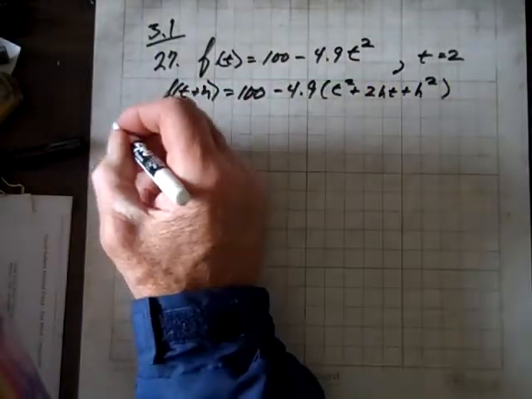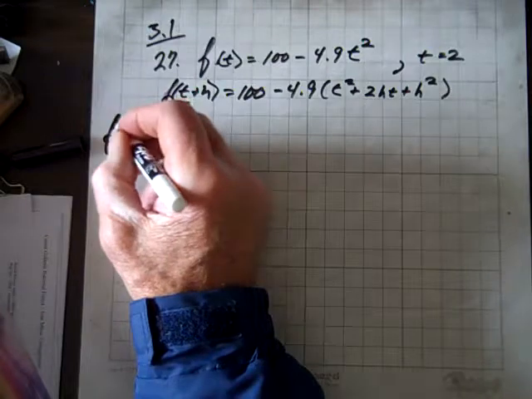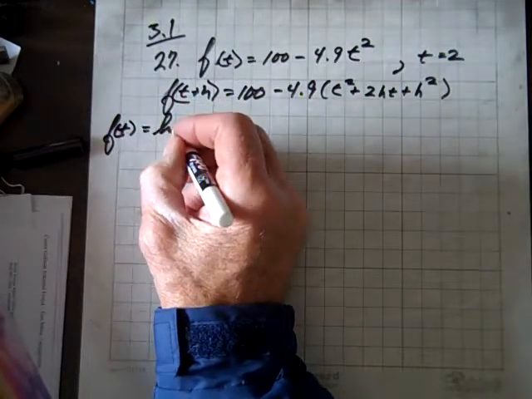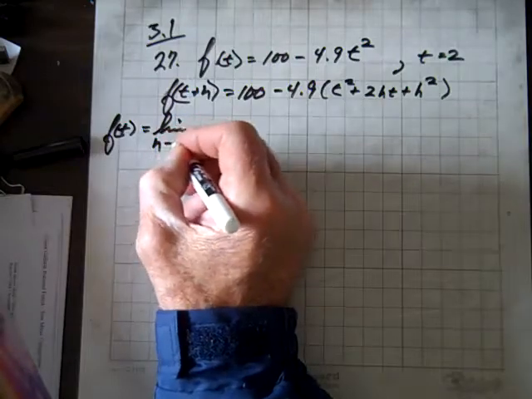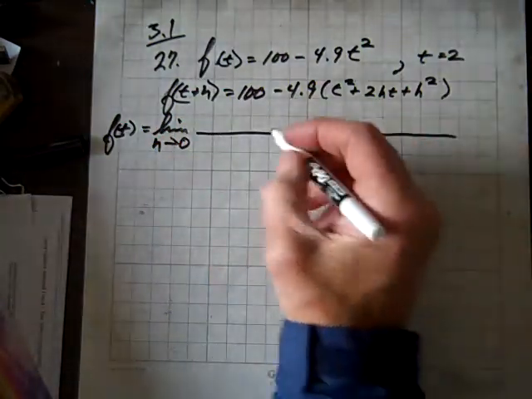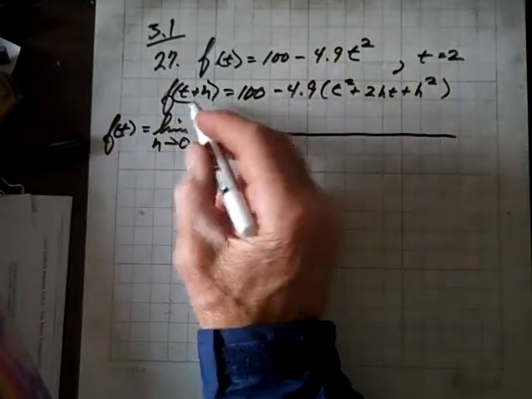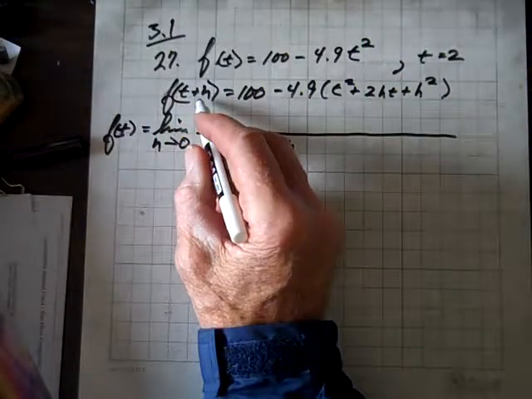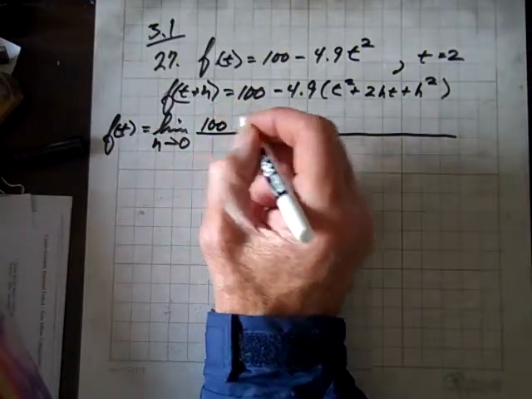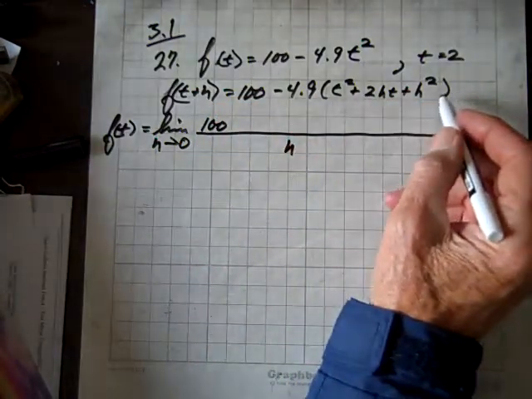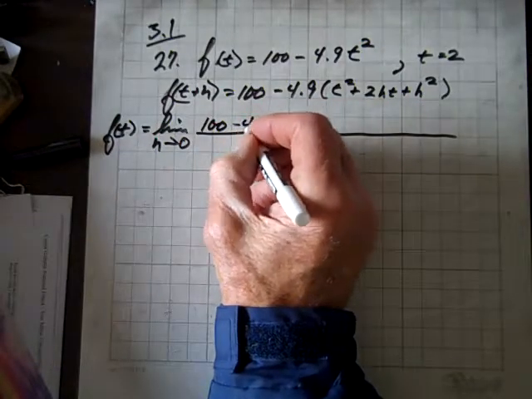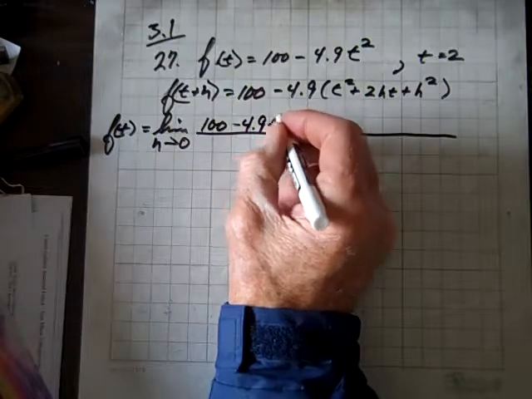Now, f prime of t is going to equal the limit as h goes to 0 of, and we have to install f of t plus h, so that's going to be 100. I'm going to go ahead and multiply through by negative 4.9, so minus 4.9 t squared.